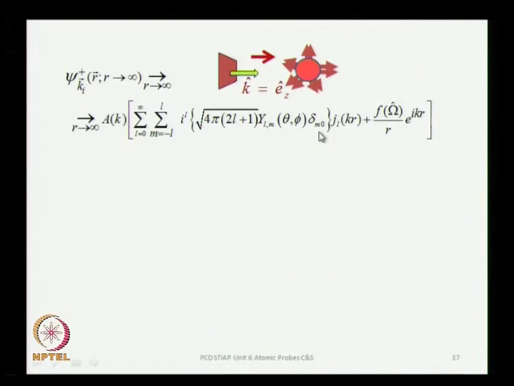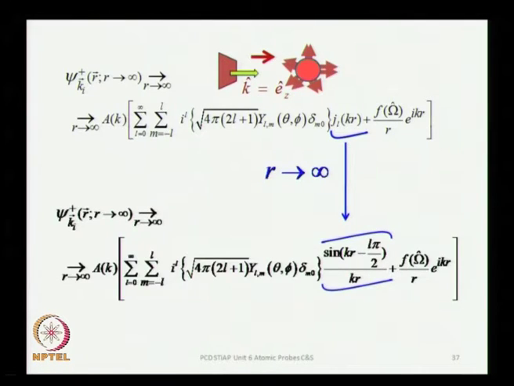So this is the Kronecker delta which keeps track of the summation over m, so that only the term with m equal to 0 has to be taken into account. You also know the asymptotic behavior of the spherical Bessel function. What is that? That is sin of kr minus L pi by 2 over kr. So the rest of the terms are written just as they were.